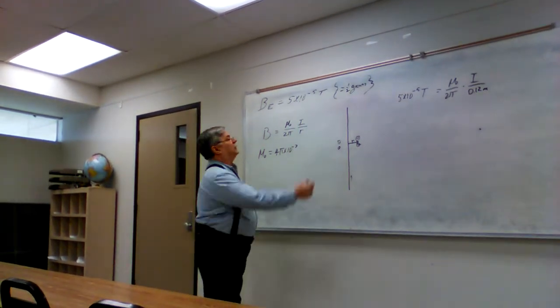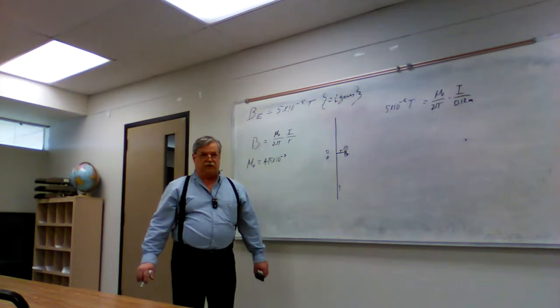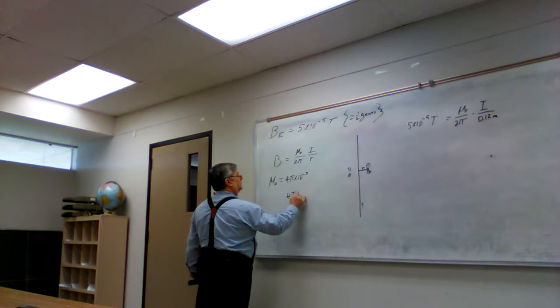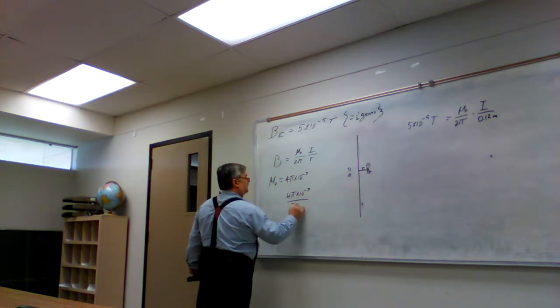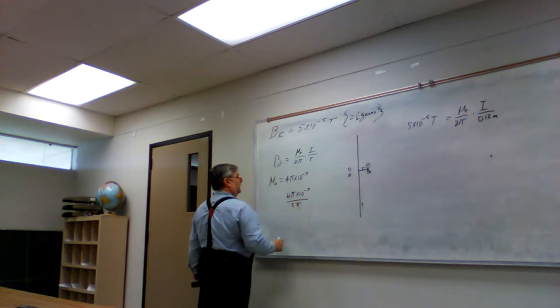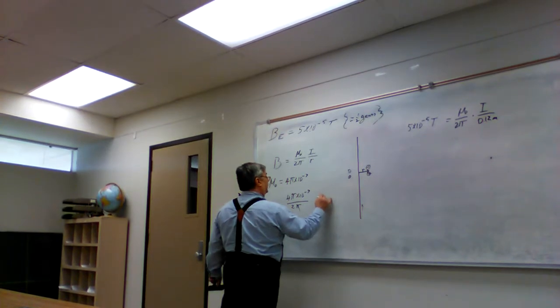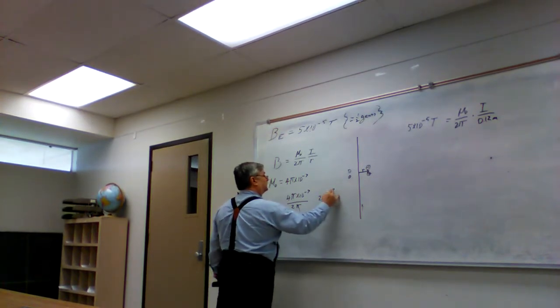So, what's mu sub naught divided by 2 pi? Pi's cancel. 4 divided by 2 gets 2 times 10 to the minus 7.